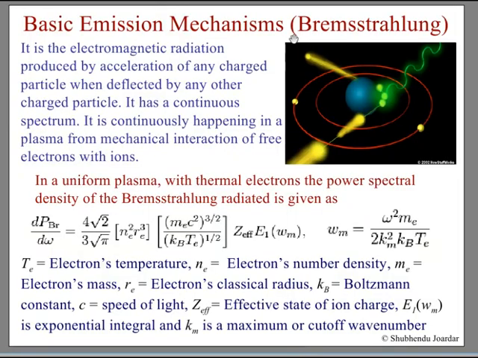And then the final one is Bremsstrahlung radiation. It generally happens in plasma. In plasma form, you have separation between ions and electrons, and a slight disturbance causes movement of the lighter particles.